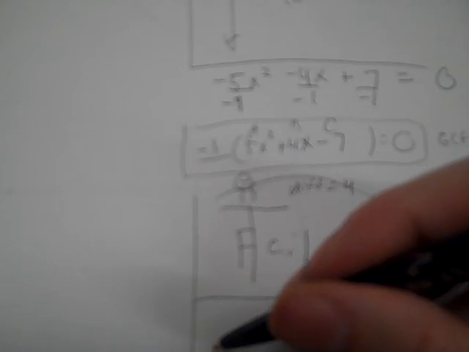You just got 1 and 35, that ain't it, and 5 and 7, that ain't it. So, quadratic formula. Negative negative 4, plus or minus the square root of negative 4 squared minus 4 times 5 times negative 7, over 2 times 5, which we know is 10. So in here we got 4, another 4, 5, and negative 7. You got to remember the 7's negative.